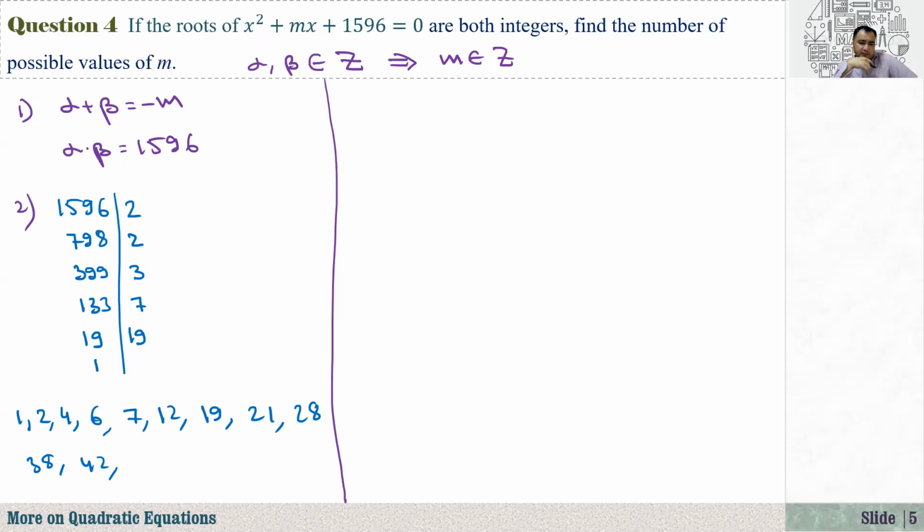So we have 1, 2, 4, 6, 7, 12, 19, 21, 28, 38, 42. And after this, 3 times 19 is 57.